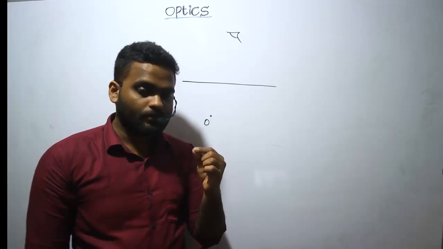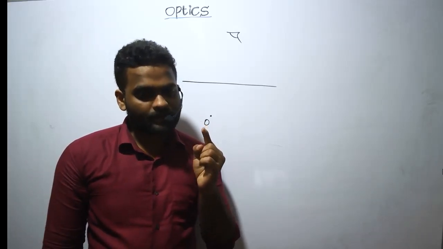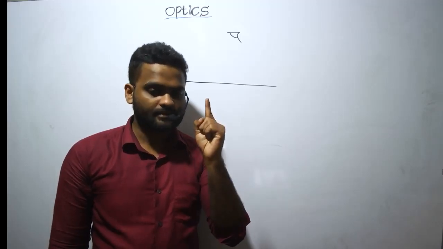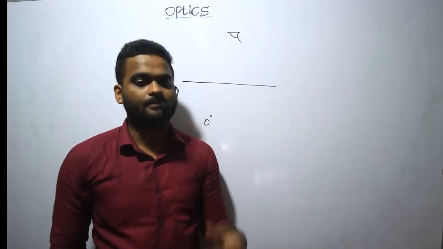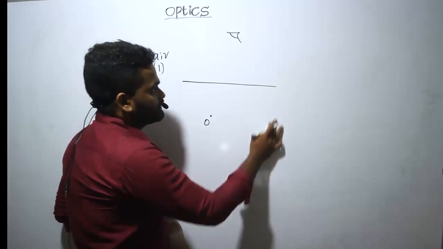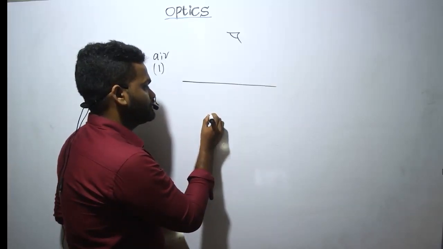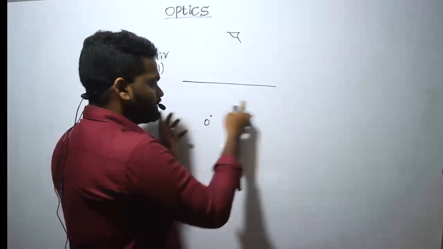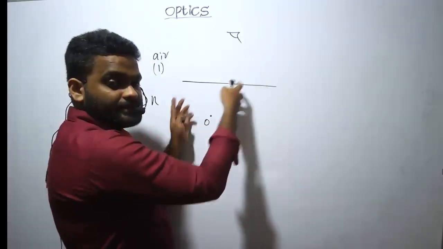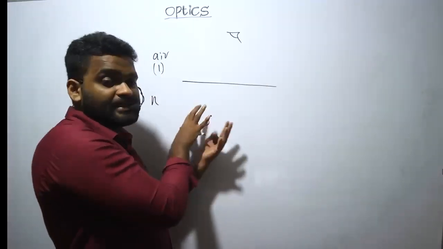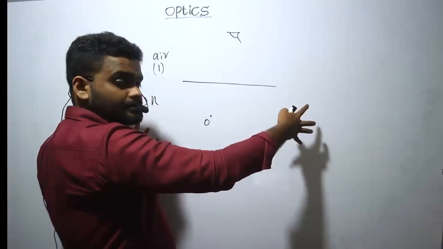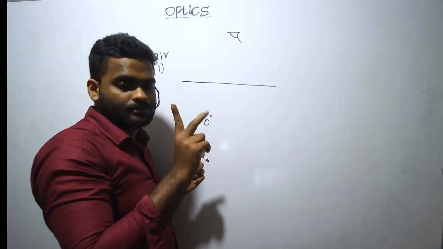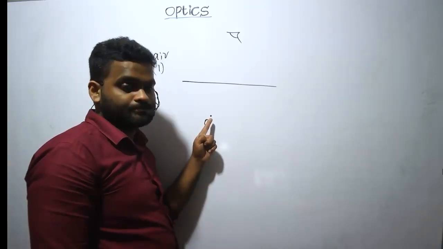To find the position of an image, you need at least two rays. From this object, rays go everywhere, like 360 degrees. There are an infinite number of rays going out of this object, but you need only two rays to find the position of the image.